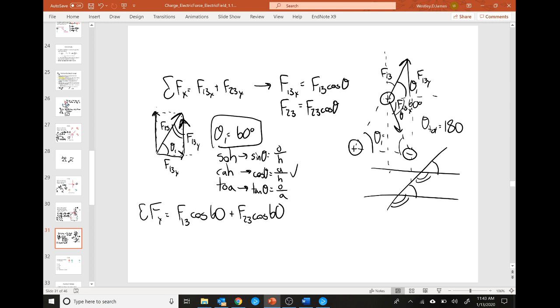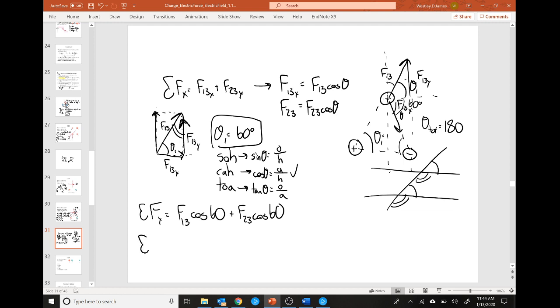It's a little tricky to see here, but again, review that, make certain this angle makes sense. It's 60 degrees. It is plus because this one is pointed more to the right than to the left. This one is pointed more to the right than the left. We define to the right on the x-axis as positive. We define to the left on the x-axis as negative. Are these pointed more to the right, or more to the left? More to the right, they're positive.